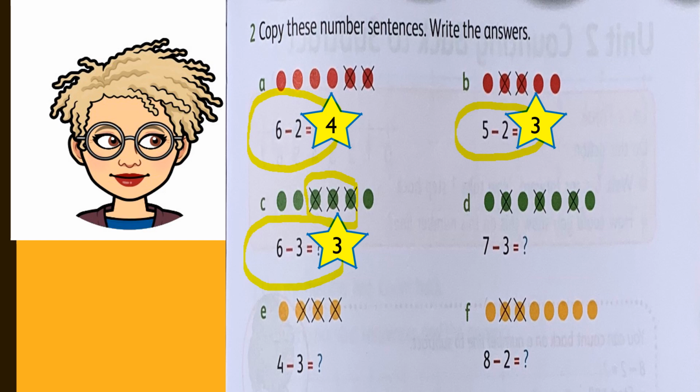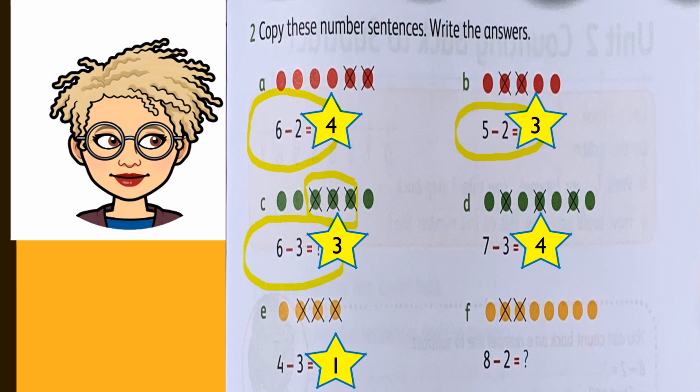I'm back. Let's check to see how many did you get correct. At letter D, if you counted correctly, your answer should have been 4 because there are 4 circles left with no X's on them. At letter E, if you counted correctly, your answer should have been 1. Did you get a difference of 1?